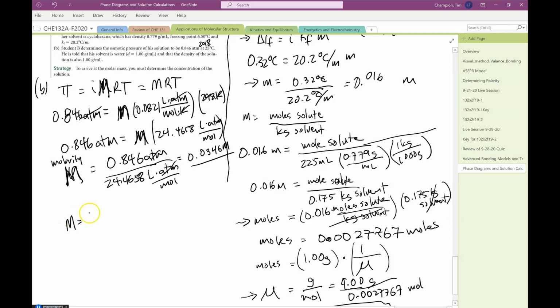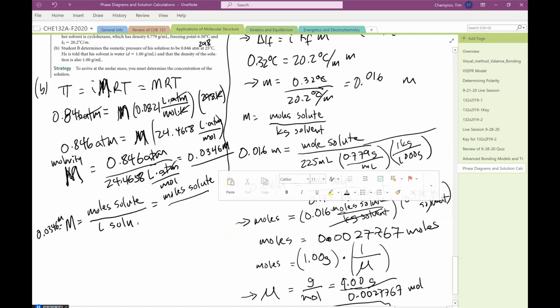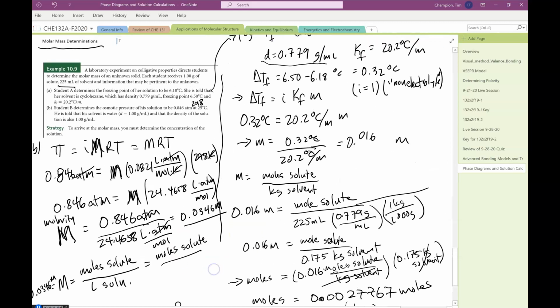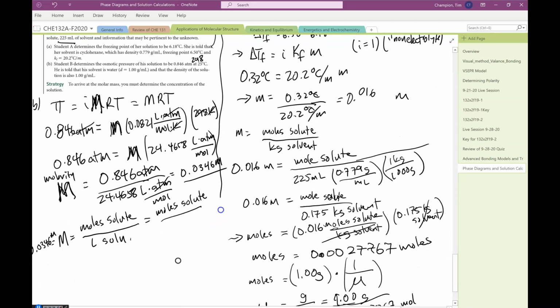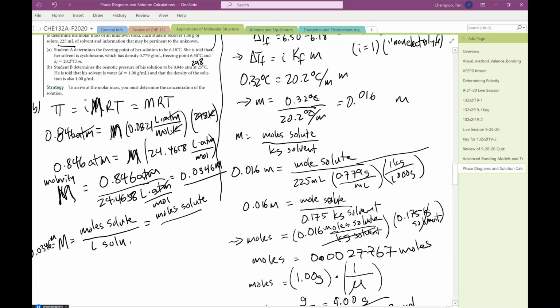Molarity is moles of solute over liters of solution. Well, what do we know? We know that the molarity is 0.0346 molar, and we don't know anything about moles of solute, but we know we had 225 milliliters of solution, right? If we slide it back up here, remember that was 225 milliliters of solvent, rather.